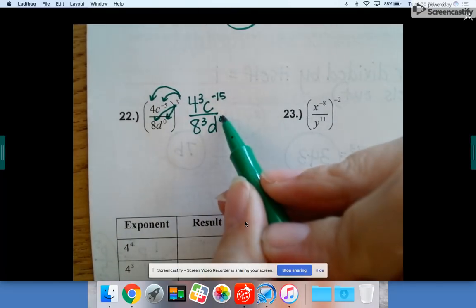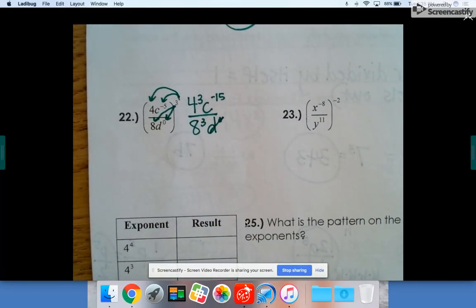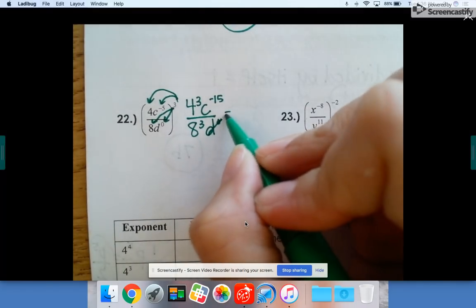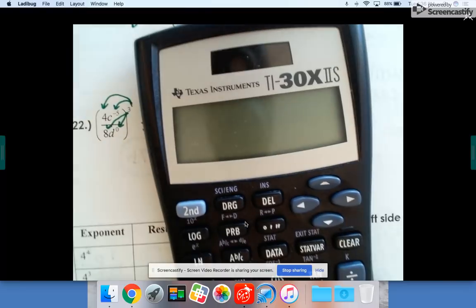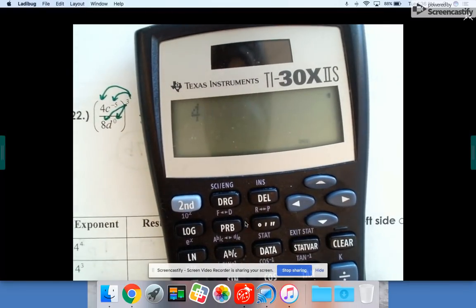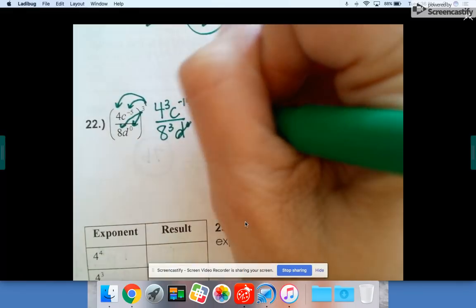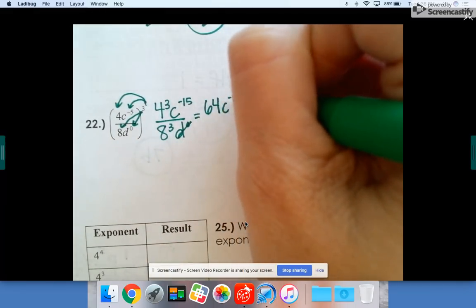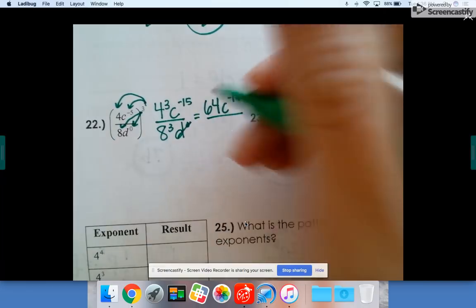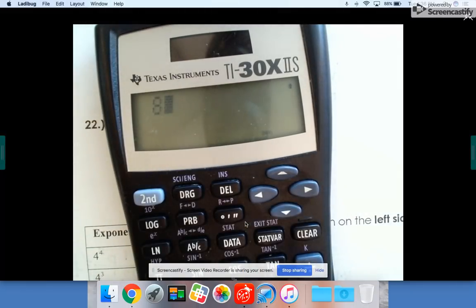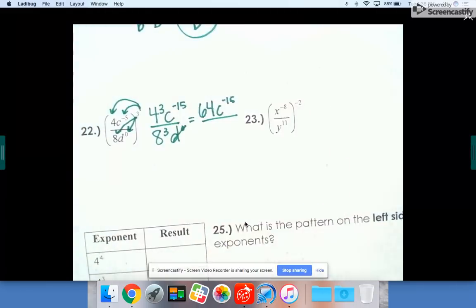And I'm going to go ahead and just cancel that off because that's going to be 1. 1 times anything is just 1. So it's just going to go away. So 4 to the 3rd power, I don't know what that is. 64. 64, c to the negative 15th over, I don't know what 8 to the 3rd is either. 512.